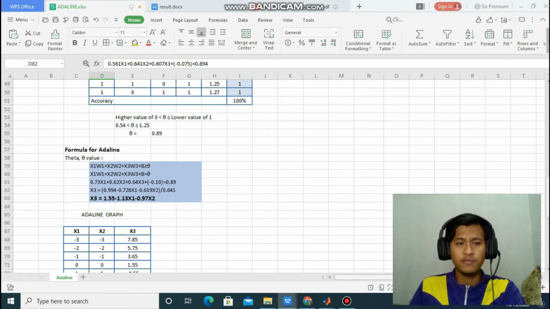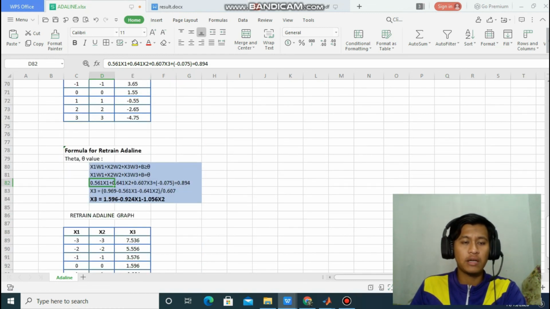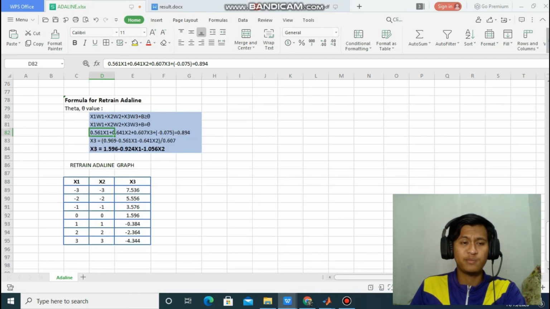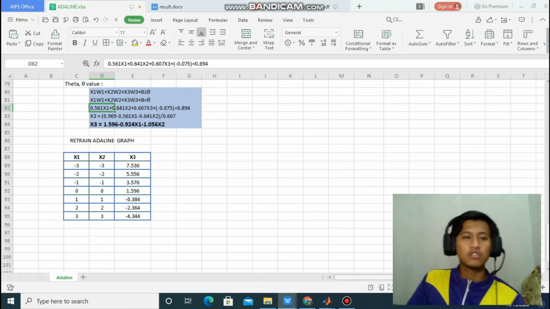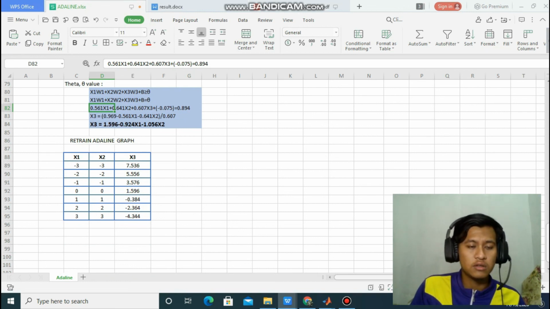With this data we simplify until we get x3, which is 1.596 minus 0.924 x1 minus 1.056 x2. The formula we use goes into this column.